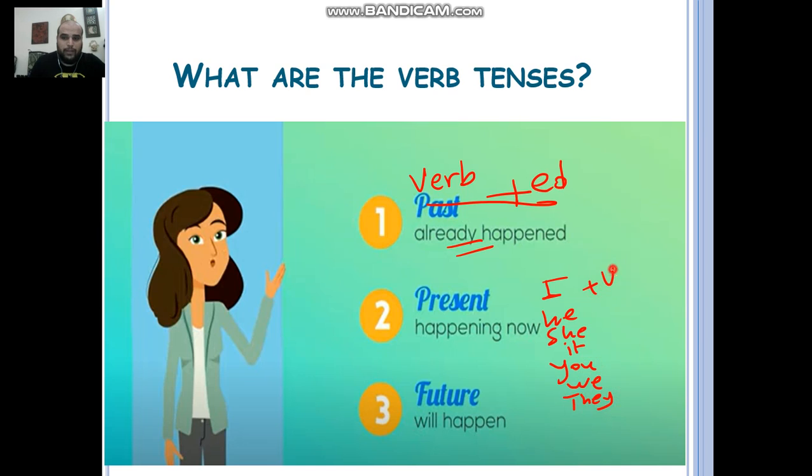Here you're going to add the verb without adding anything. However, with he, she, and it, you're going to add the verb plus s, and we're going to talk about the different ways of adding s, because we have maybe es, maybe ies. We're going to explain in the simple present tense, which is happening now.